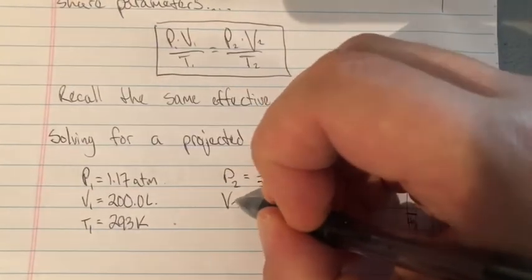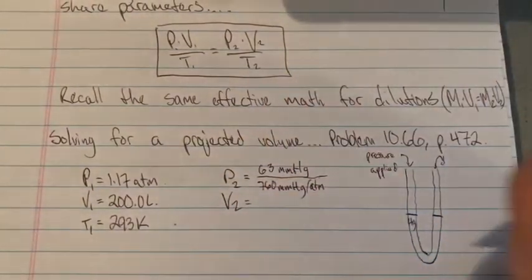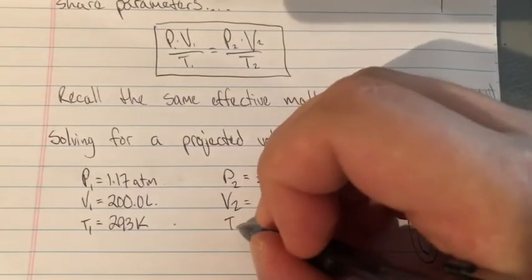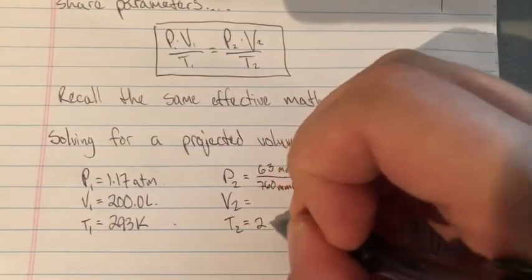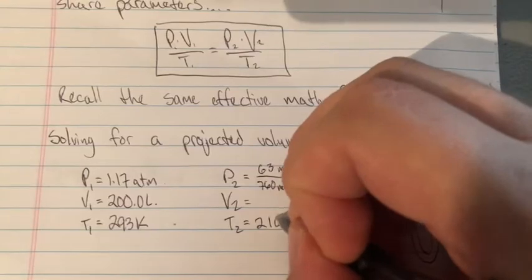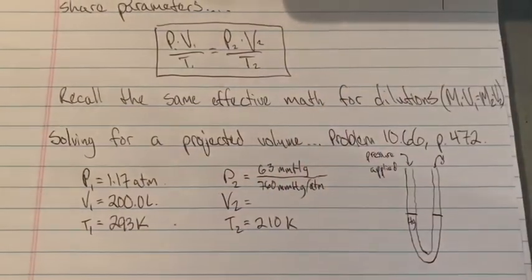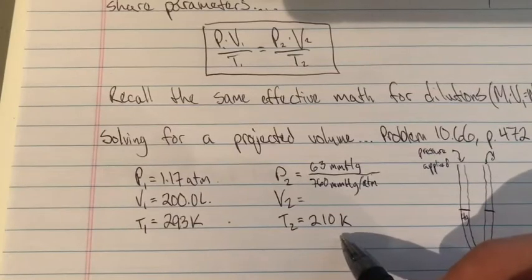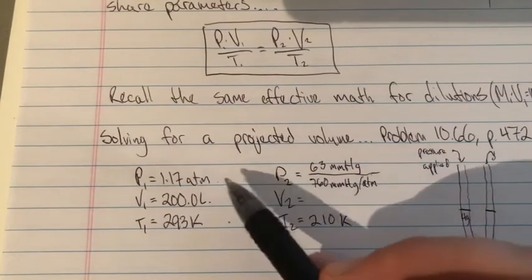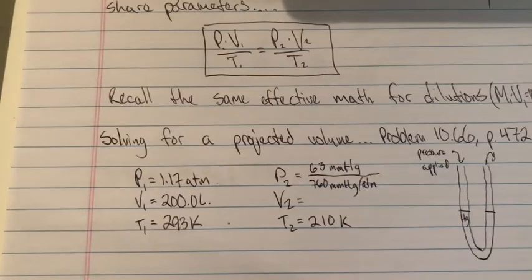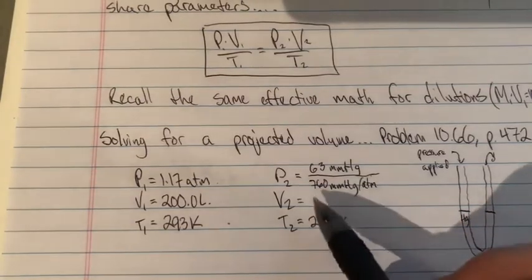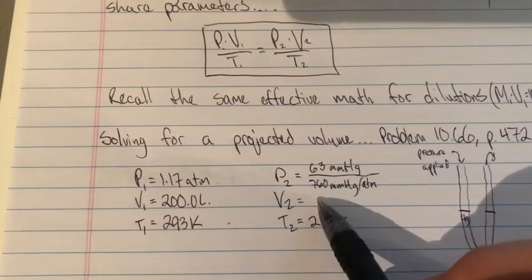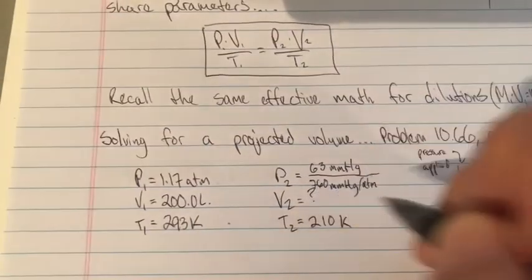What you're looking to solve for is V2 at the temperature of 210 Kelvin. Okay, so there's a drop of about 83 Kelvin there. Definitely a drop in terms of atmospheres. So we're going to need to figure out what V2 is going to be.